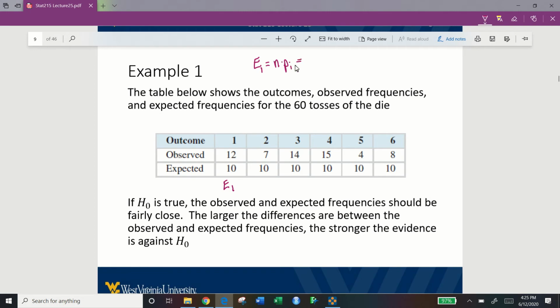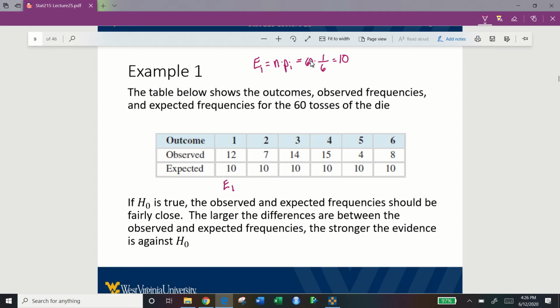Luckily for us, we are assuming all of our pi are constant at 1/6, and our sample size is 60. This will give us an expected value of 10 for each of our possible rolls. That's where the 10 is coming from. We already know where the observed ones are coming from.